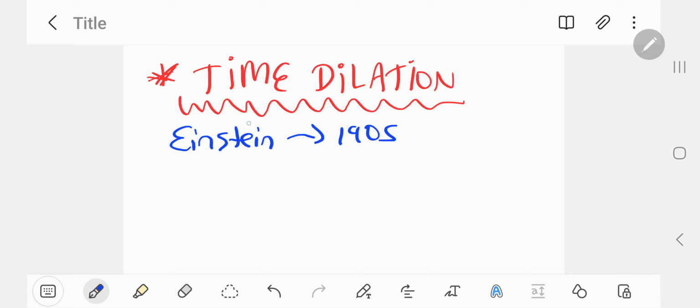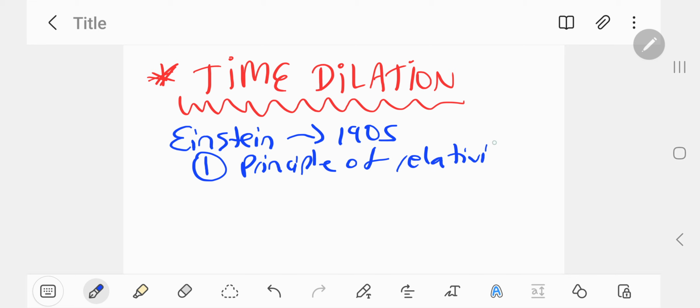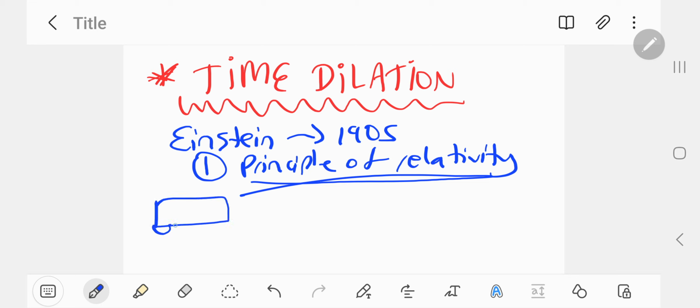And what Einstein realized with this, so he came up with two postulates, two basic assumptions. The first one was the principle of relativity. The principle of relativity quite simply states that the laws of physics are the same whether you're stationary, let's say you're in a car, or if you're moving in that car at a constant velocity, constant speed, v.